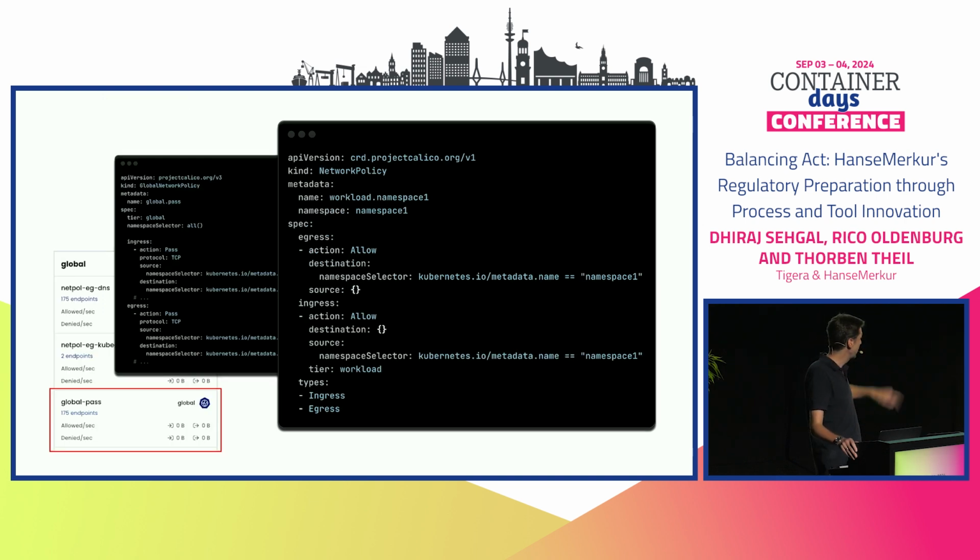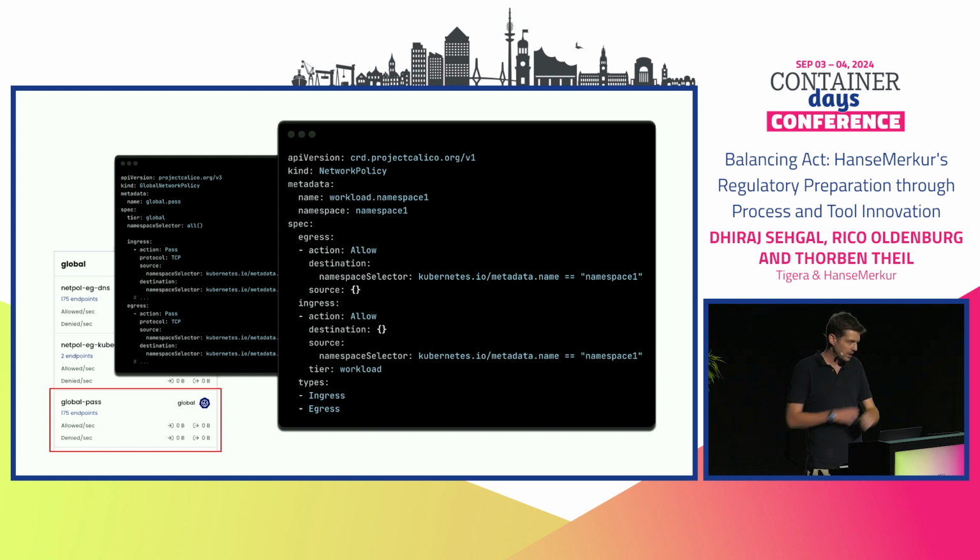The team here has already added their namespace to the global path policy in the global tier. Once deployed, the team can now create a network policy, which is shown here on the right side. That's basically an allow all policy for their namespace 1. That allows pod-to-pod traffic. Every pod can talk to every other pod within this namespace 1.